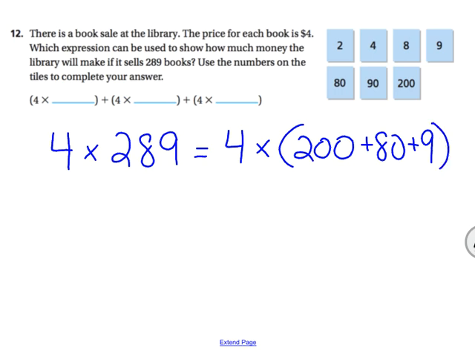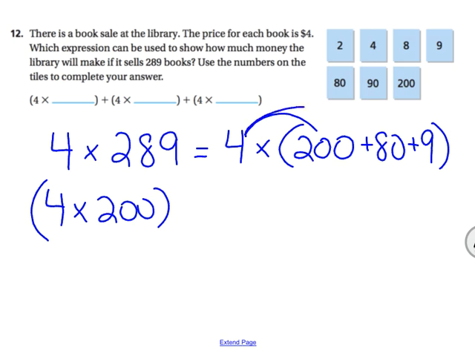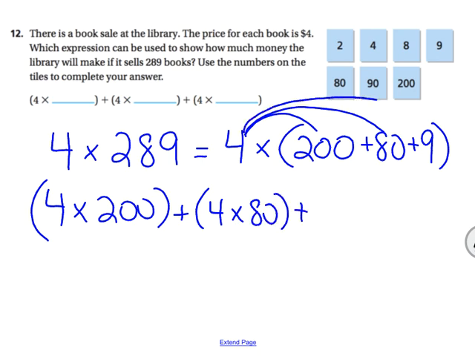And then again, we have to just start distributing, okay? So it will be 4 times 200, right? 4 times 200 plus 4 times 80, plus 4 times 9.